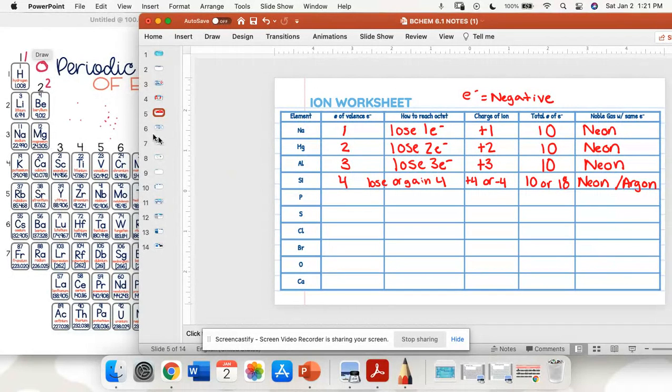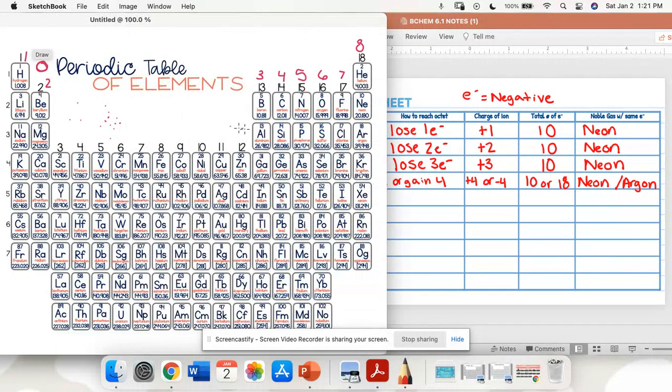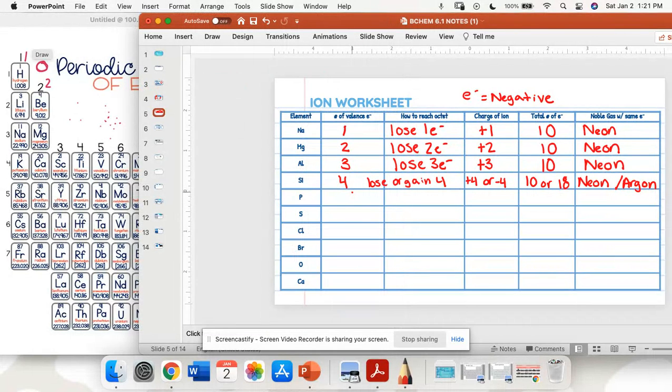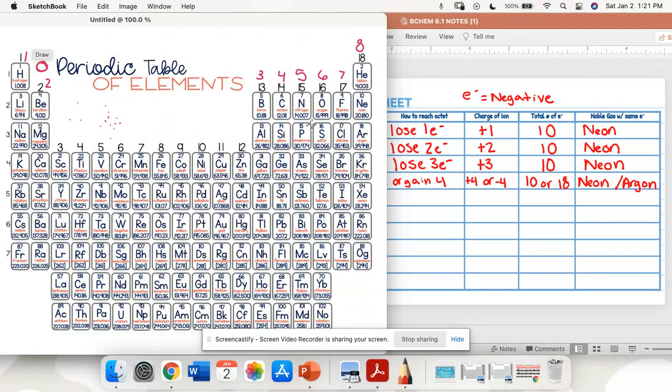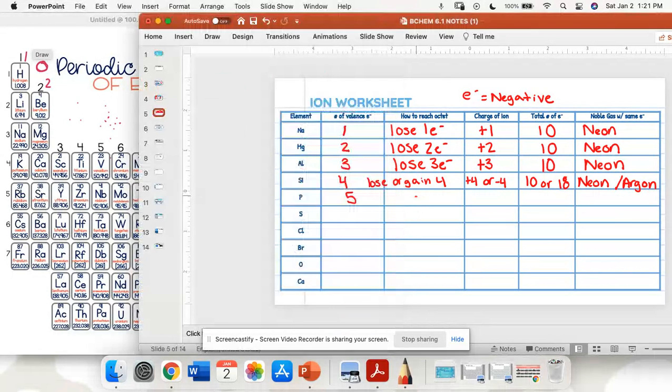All right, phosphorus. So phosphorus is right here, right next to silicon, atomic number 15. It has 5 valence electrons. So phosphorus can either gain 3 to get to argon, or it can lose 5. In this case, it's easier to gain the 3.